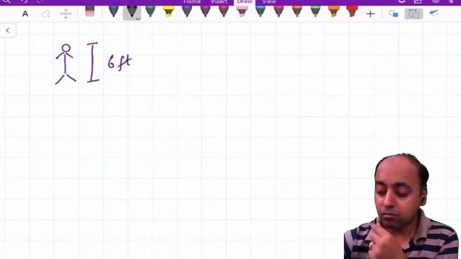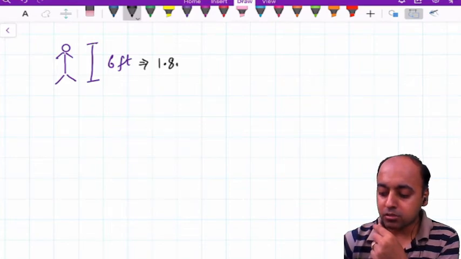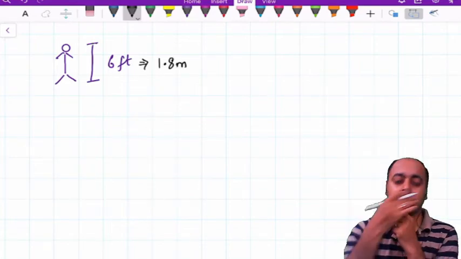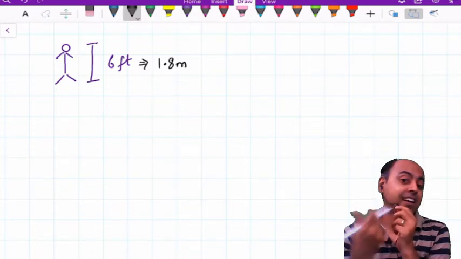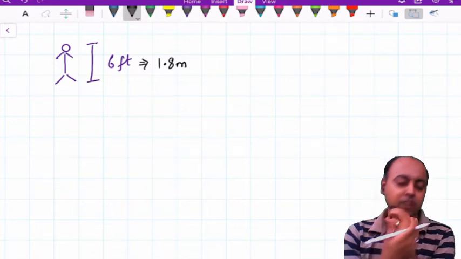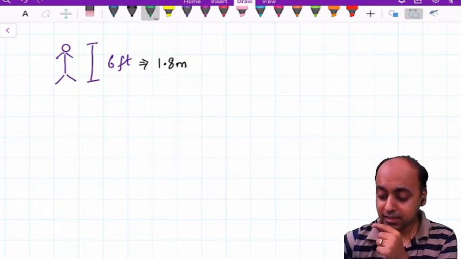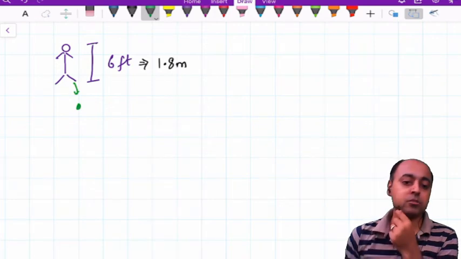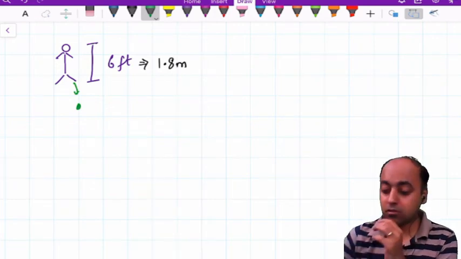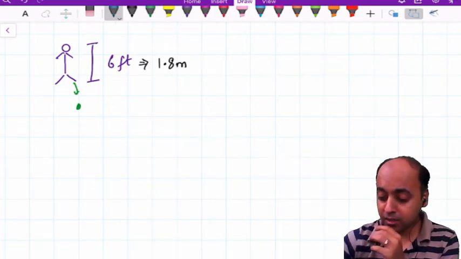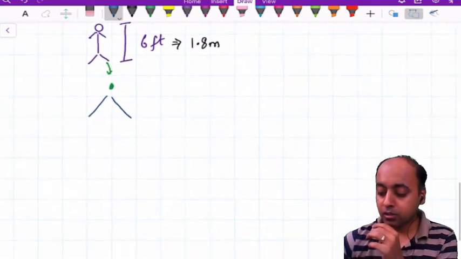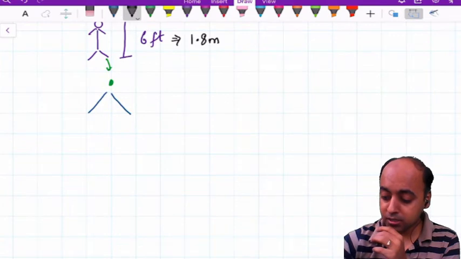So let's say 1.8 meters. Now, in our body, we know there are trillions of cells. So what I'm going to do is take one single cell from this person and magnify this cell. When you examine it under the microscope, it appears something like this.